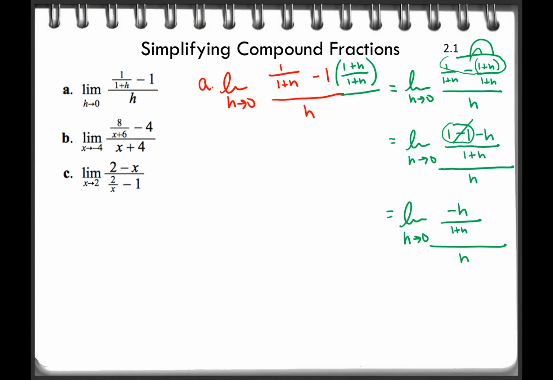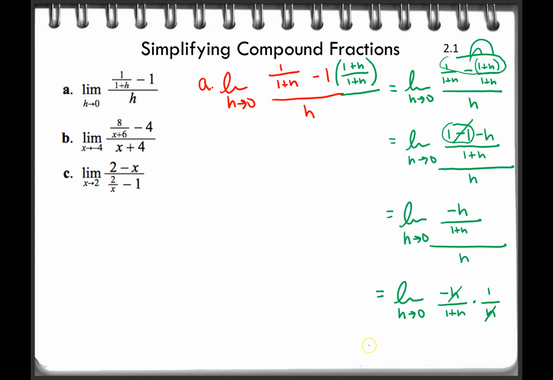Now you should also know that dividing by a value, in this case h, is the same thing as multiplying by its reciprocal. So this is going to be equal to the limit as h approaches 0 of negative h over 1 plus h, but then it's going to be times 1 over h. And this is when you get excited because you can see that your h's cancel.